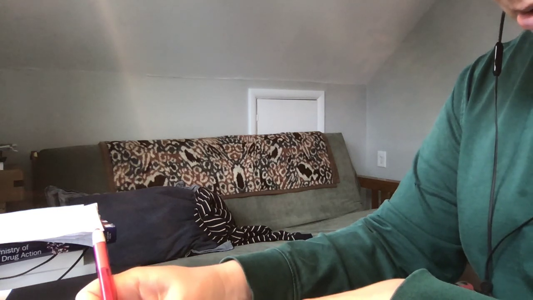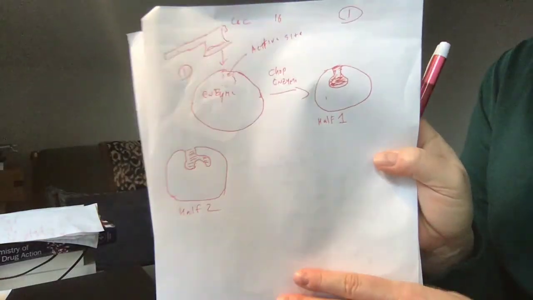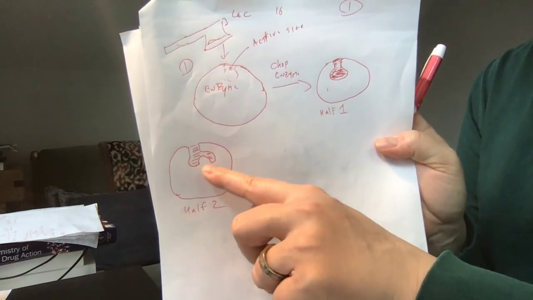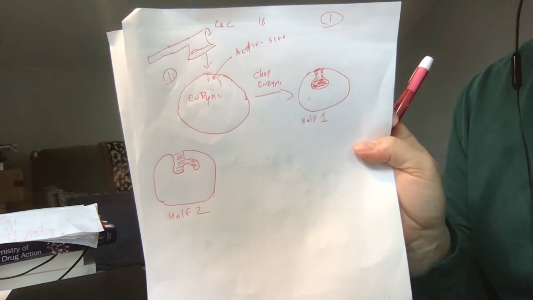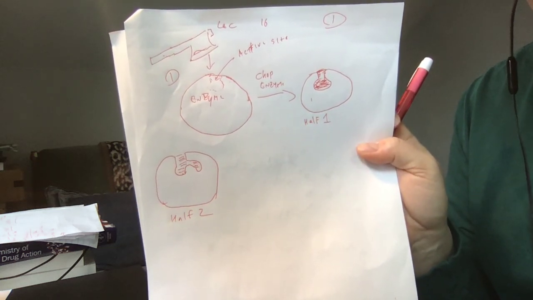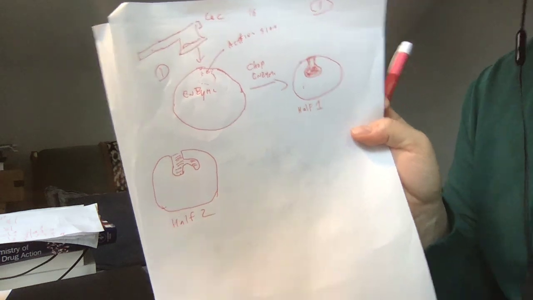And then half two would be shaped something like this, so that there's some steric bit that's changing the shape of the active site. And this is one of the ways that the enzyme imparts chirality onto its substrate.